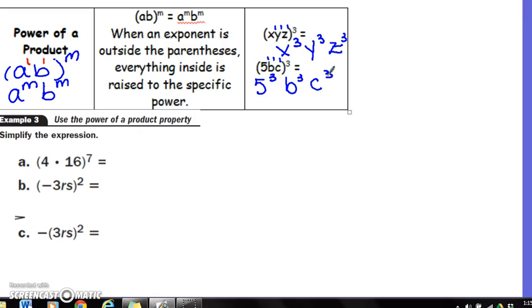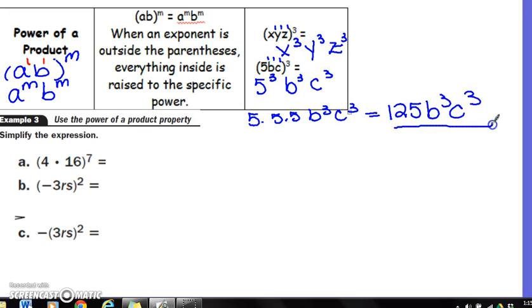Don't take 5 times 3. 5 times 5 times 5. What is 5 times 5 times 5? Well, 5 times 5 is 25. And then 25 times 5 is 125. 125 b cubed c cubed. This is my answer.